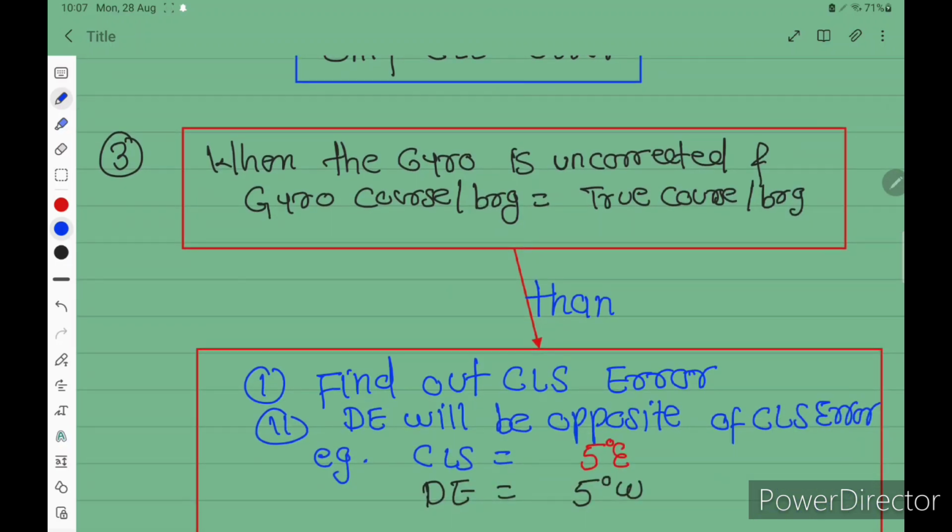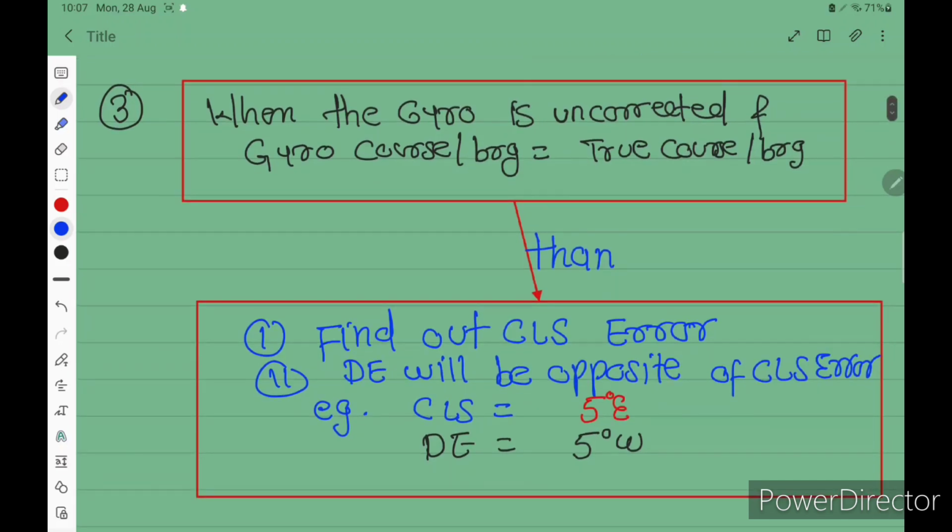Damping error will be opposite to course latitude speed error. So if the question says the gyro is uncorrected, we first find out the course latitude speed error, then whatever value we have, with the opposite naming, we get the damping error. For example, if we calculate course latitude speed error equal to 5 degree east, there is no need to calculate damping error by the formula, we directly use damping error equal to 5 degree west.